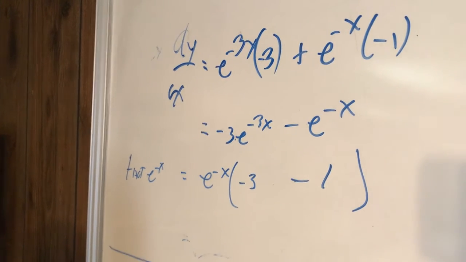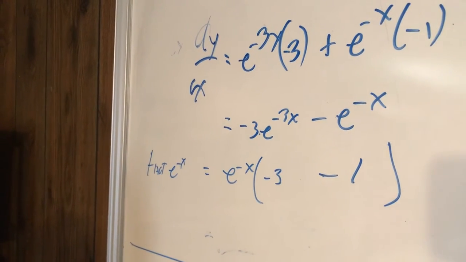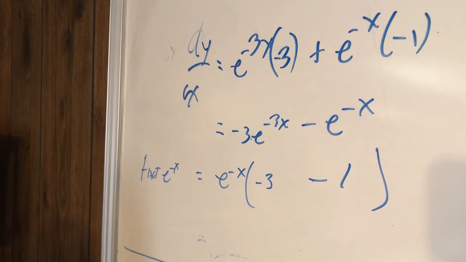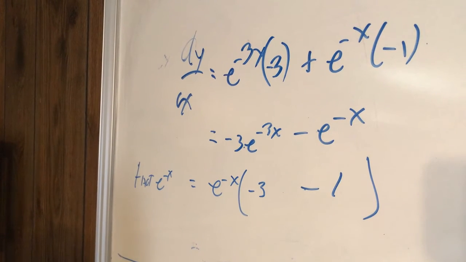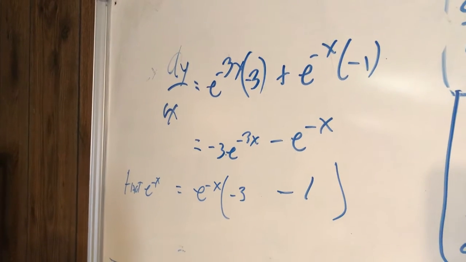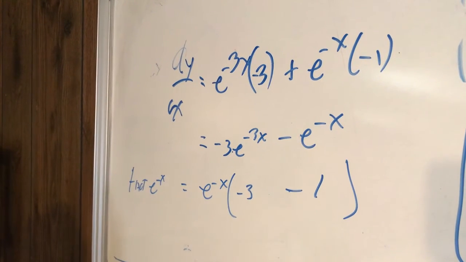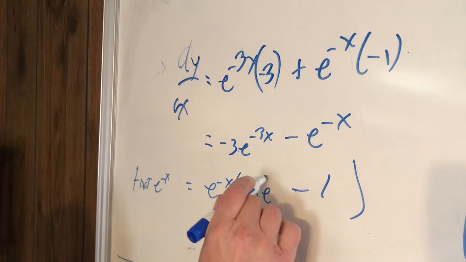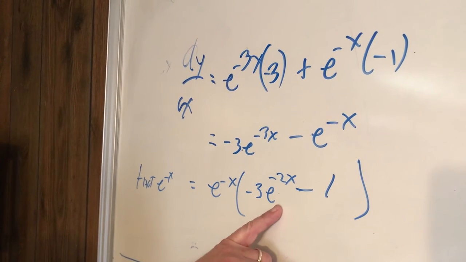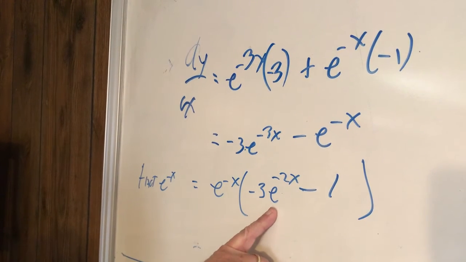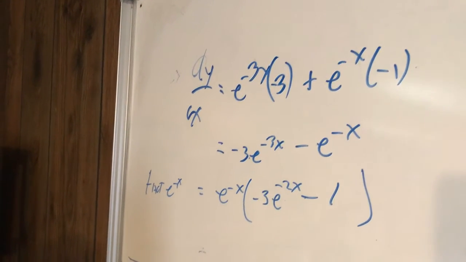E to the 4x, right? Yes, no? How about e to the minus 2x? E to the minus 2x plus e to the minus x is e to the minus 3x. Oh, of course. This comes out here.